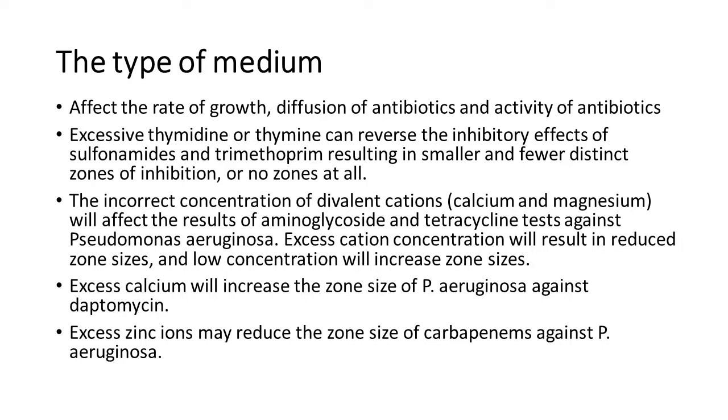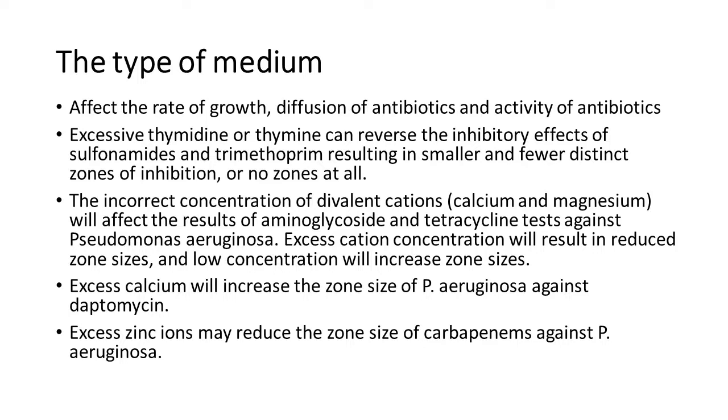Type of the medium. The culture media affect the rate of growth of the microorganism, diffusion of antibiotic, and activity of antibiotic. Normally we use Mueller-Hinton agar for the antibiotic sensitivity test, but we cannot use it for all microorganisms, because some culture media contain different constituents and different concentrations.